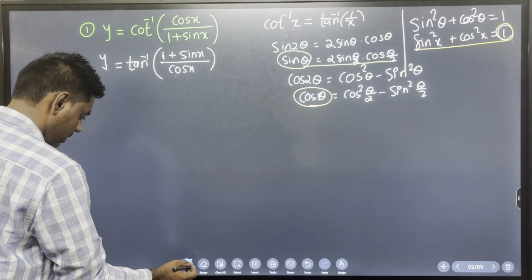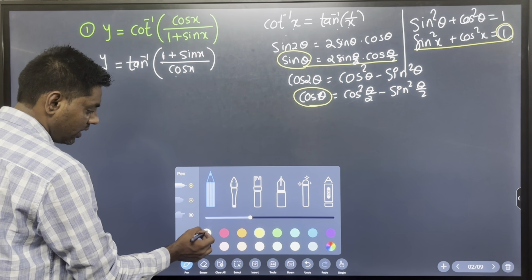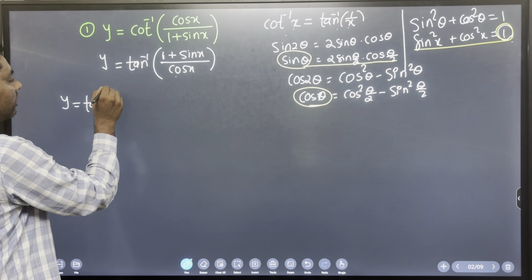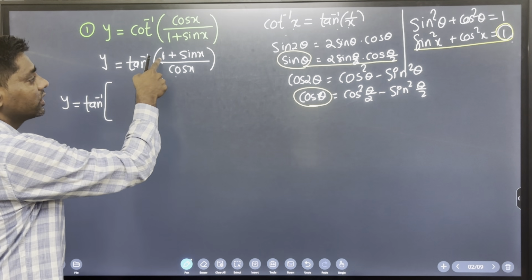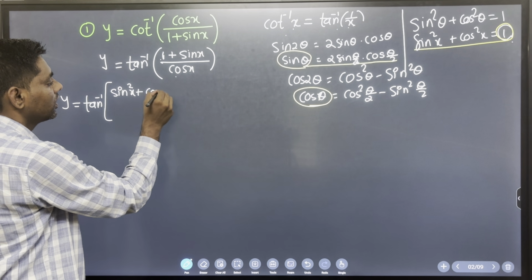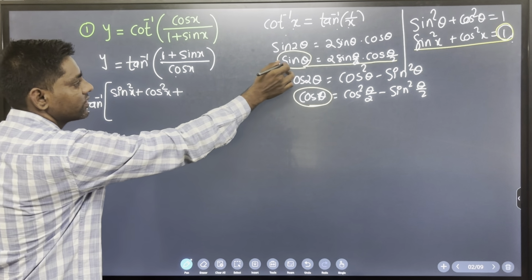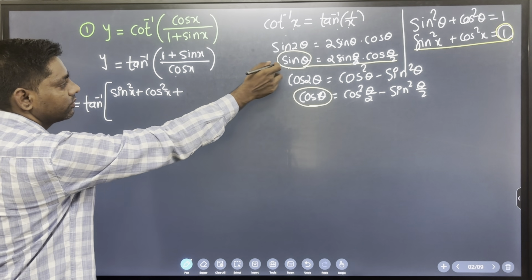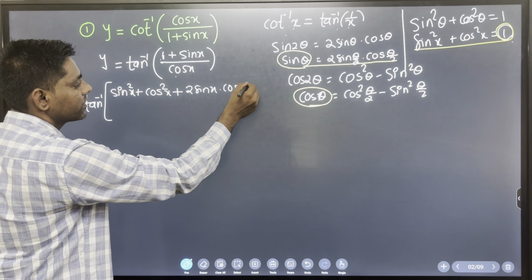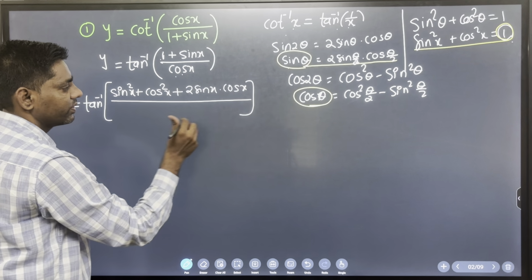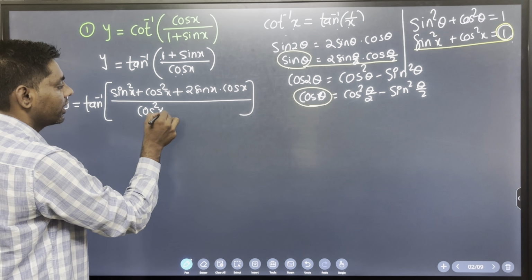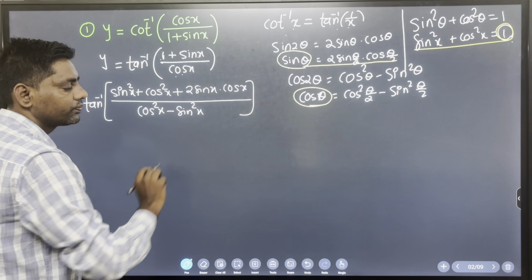Just after substituting, we get the final answer: y equals tan inverse of the bracket, 1 replaced by the fundamental identity sine square x plus cos square x, plus sine x replaced by the multiple angle formula, 2 times sine x into cos x, bracket complete, and the denominator cos x replaced by the formula cos square x minus sine square x.